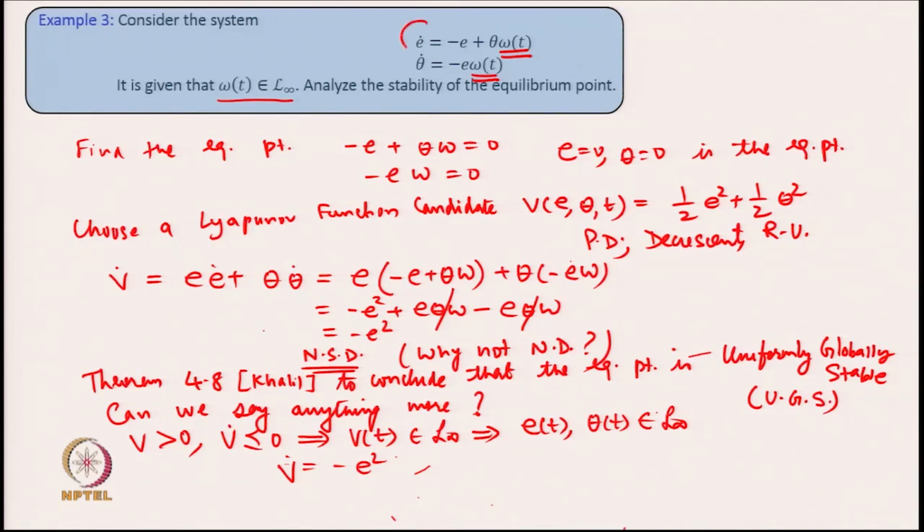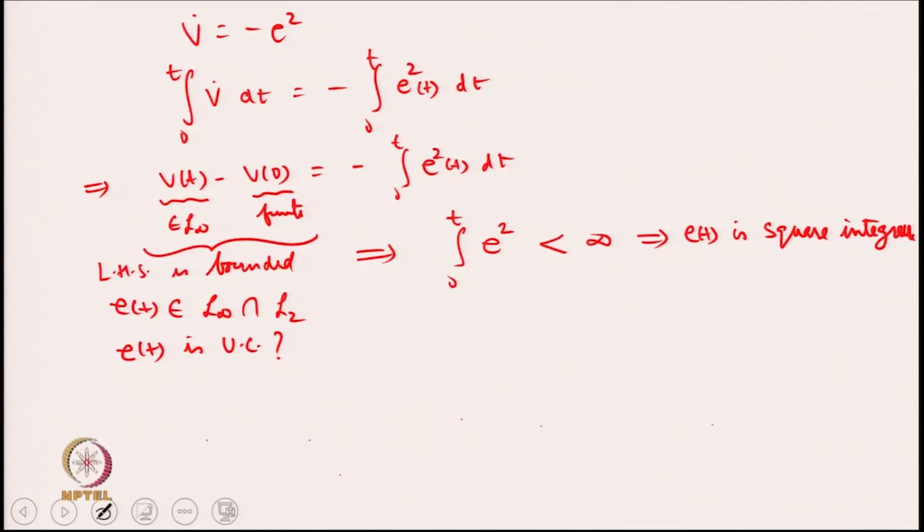E dot is minus E plus theta omega of t. From here we know that E we have already proved as bounded, theta also we have proved to be bounded, omega is given to be bounded, which means that E dot of t is also bounded. So, we have proved that E dot of t is bounded, which implies that E of t is uniformly continuous.